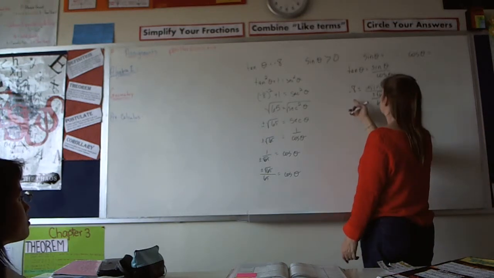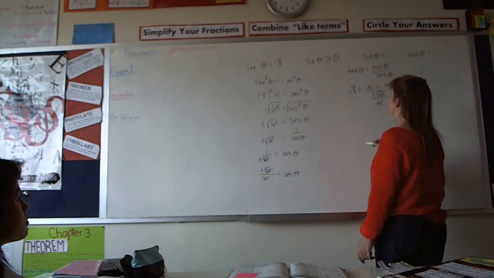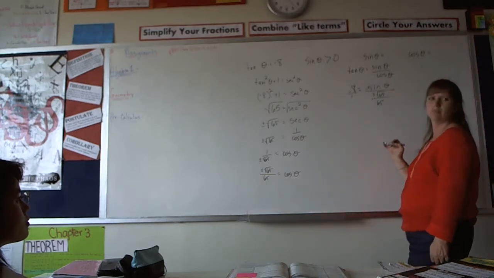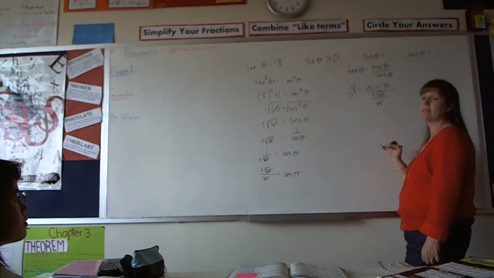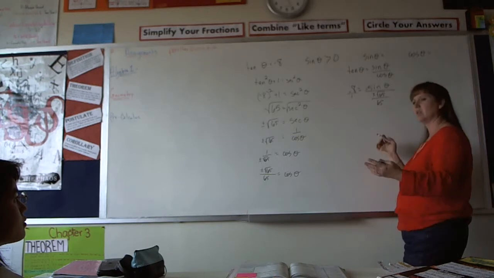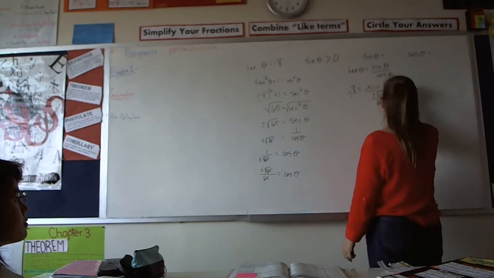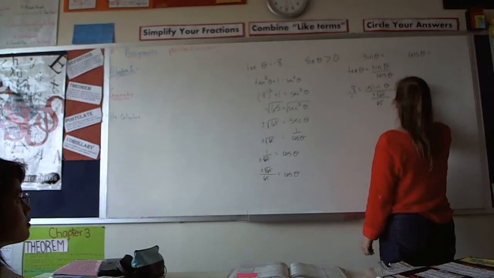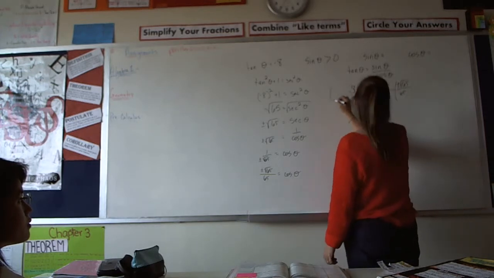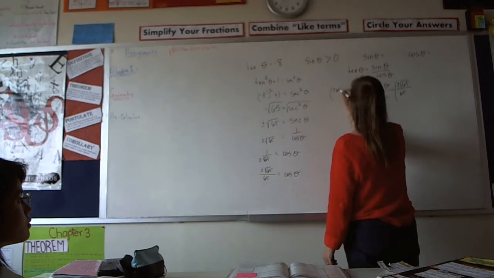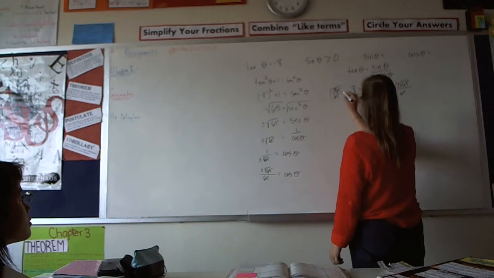Wait, why would you cross multiply when you can just multiply? Just multiply the bottom part toward the other side. It comes out exactly the same. If they cross multiply, you can just do it. Okay, I'm going to multiply this bottom part. Oops. That's supposed to be a plus there.